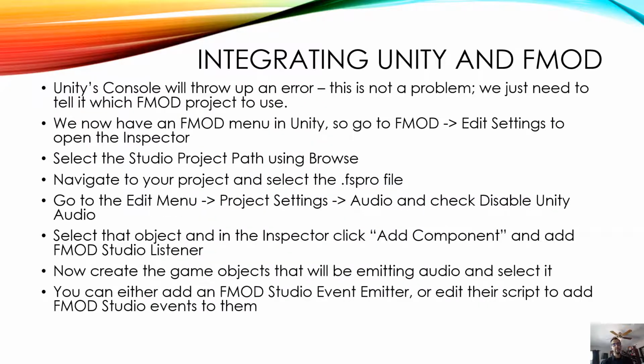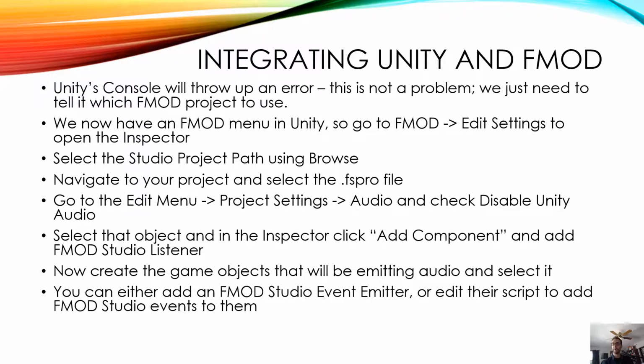So once you've done that, you're going to get an error where the Unity console will be like, hey, there's an FMOD project indicated, but we don't know which one it is. So it's not a problem. We just need to tell it which project it's going to use. So you'll notice that along the top of your menu, you now have an FMOD menu in Unity.